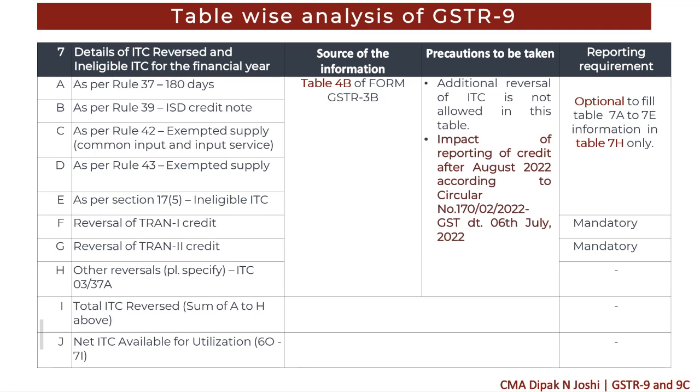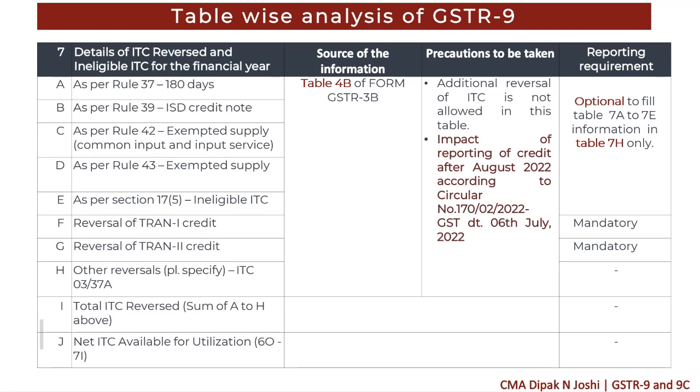Section 17(5), if you have availed any ineligible credit, then you are required to reverse that ineligible credit under section 17(5). Reversal of Tran 1, Tran 2 credit or other reversal, if any, that you are required to bifurcate in this table. Again, you just are required to bifurcate credit reversed as per table 4B of GSTR 3B in this table.